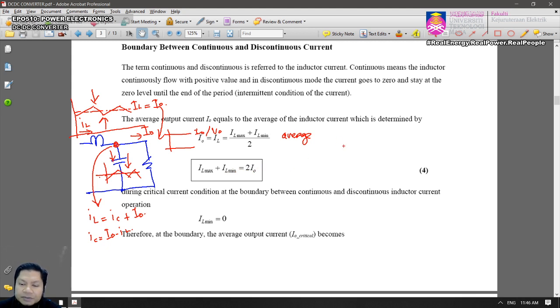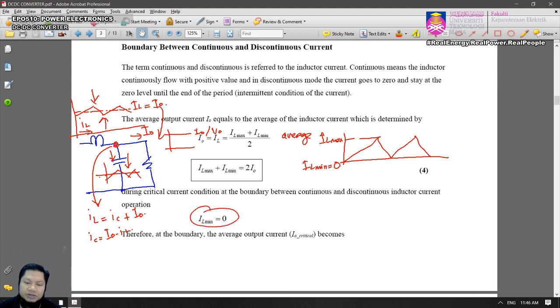But during the critical condition, the boundary condition, we know that the current touches the zero level, isn't it? Which means IL min equals 0, and you still have that IL max there. So your minimum inductor current actually equals 0. Therefore you have IL max equals 2 I naught. That equation: IL max equals 2 I naught.